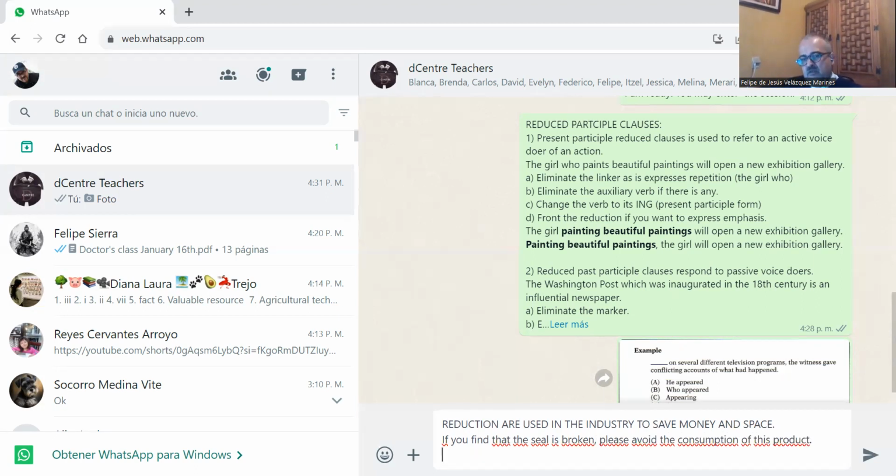Imagine that you have to print all of this on a label. And you have just a little product, like some eye drops. You have a little bottle and you have to print all that, and then you have to read all that. So how can you reduce all of this?